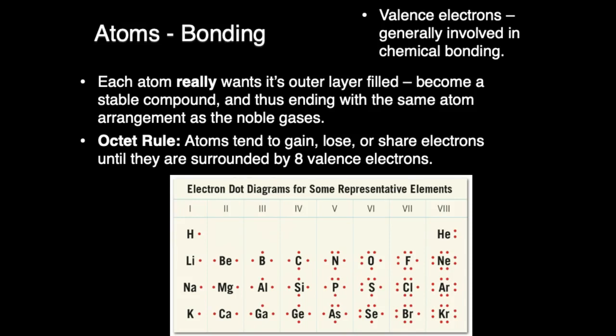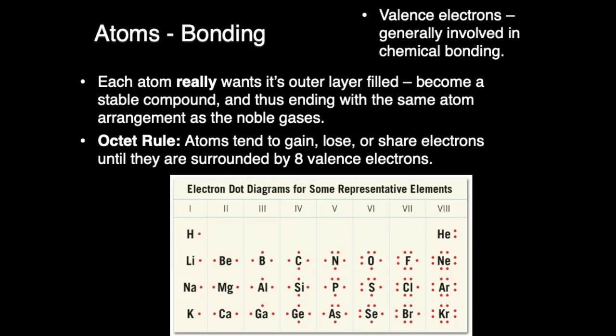Okay, so many other atoms belonging to other groups lose or share electrons all of the time until they end up with an electron arrangement like the one of the noble gases. This observation led to a chemical guideline, which we call the octet rule. This octet rule states that atoms tend to gain, lose, or share electrons until they are surrounded by 8 valence electrons.